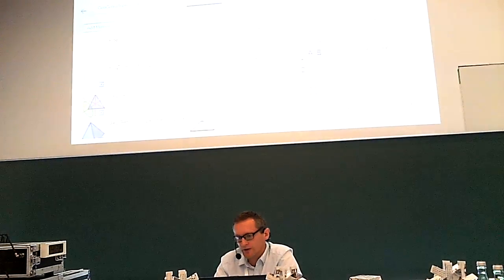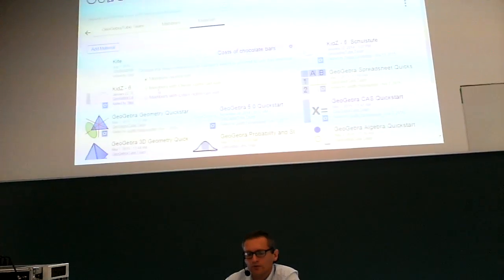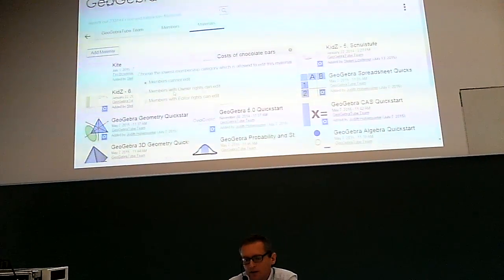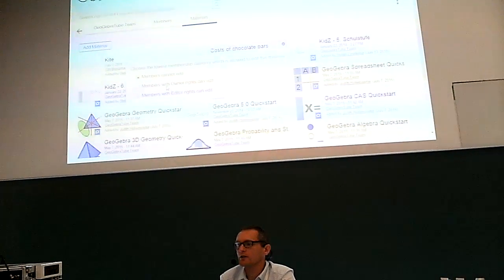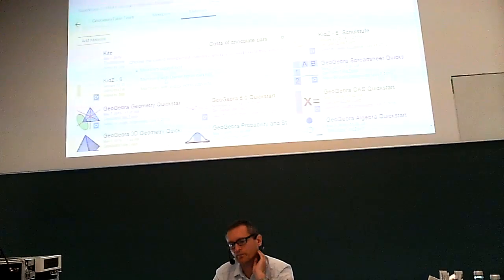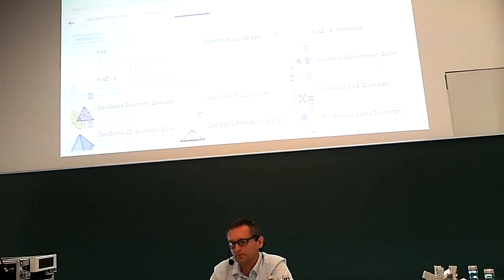You can do this just by clicking the Settings tab here, and now you can choose who is allowed to edit. Of course, only the author of the material himself can give the edit rights to other users or to the group.